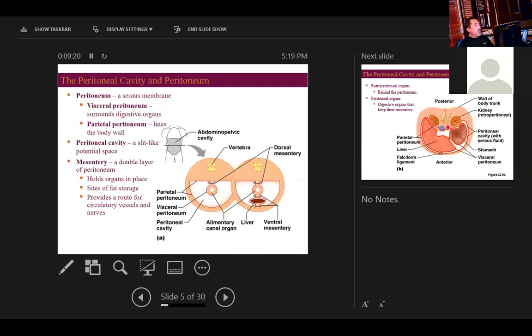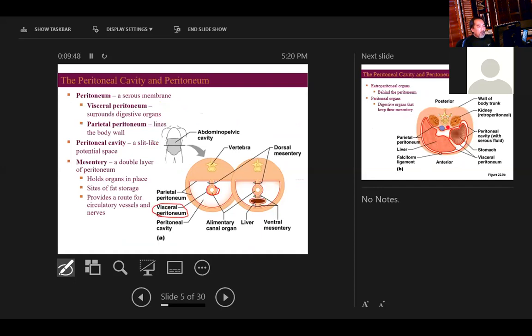Okay, now inside your abdominal cavity, where most of your digestive tract is located, we have structures called peritoneum that hold or surround the digestive organs. The first one is a serous membrane that wraps around the organ, and we call that the visceral peritoneum.